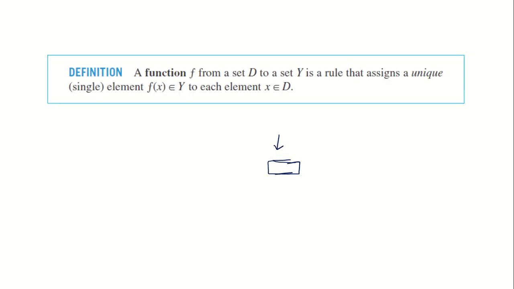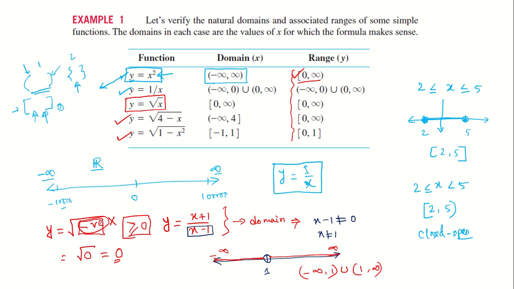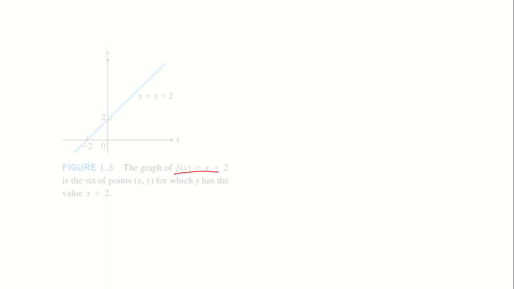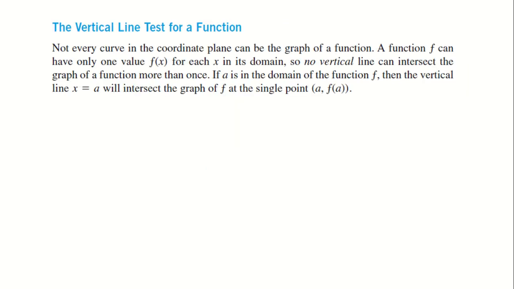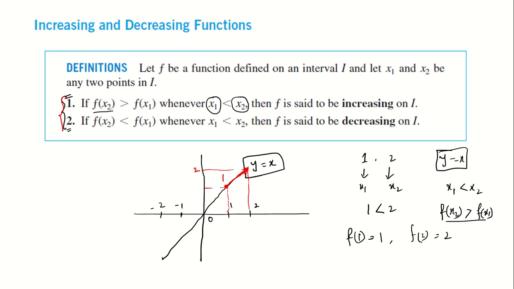In our last class, we discussed functions, the definition of functions, domain, range, and graphs of functions, and then the vertical line test for functions, also increasing and decreasing functions.